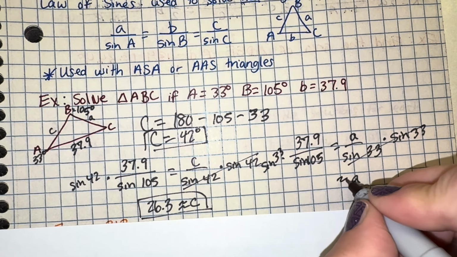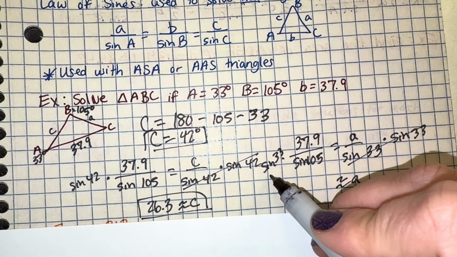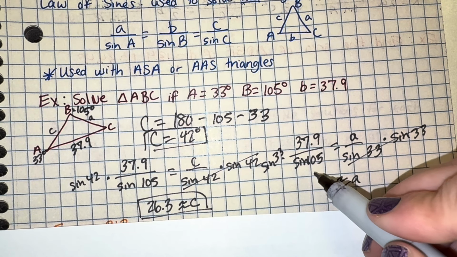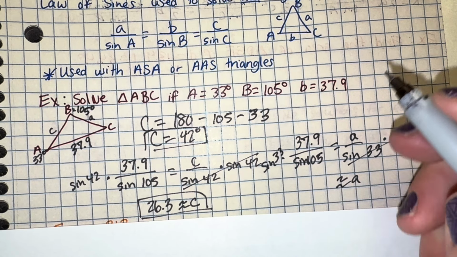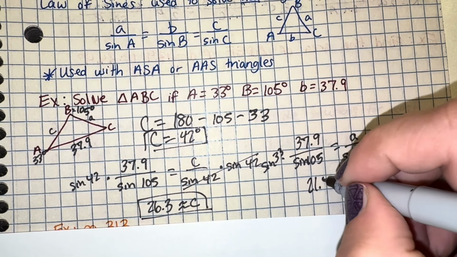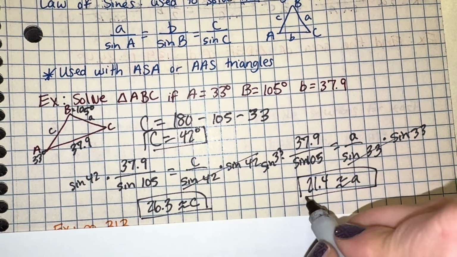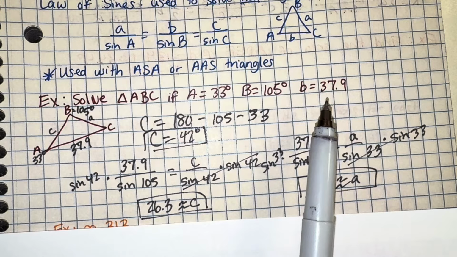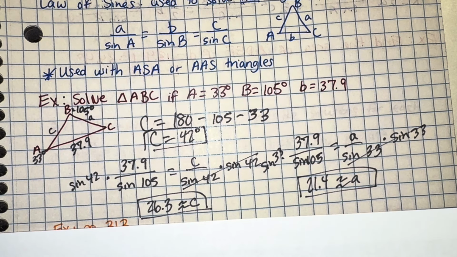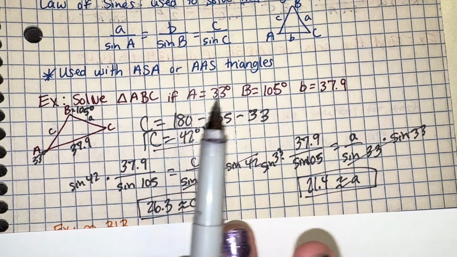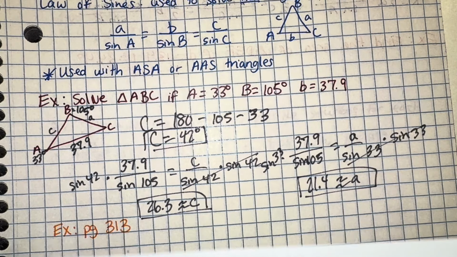So I'm going to do sine of 33 times 37.9 over sine of 105, and that will give me a side A of 21.4. Okay, and we'll take a look. These numbers do all seem reasonable. Okay, we had 3 things, we found 3 more.